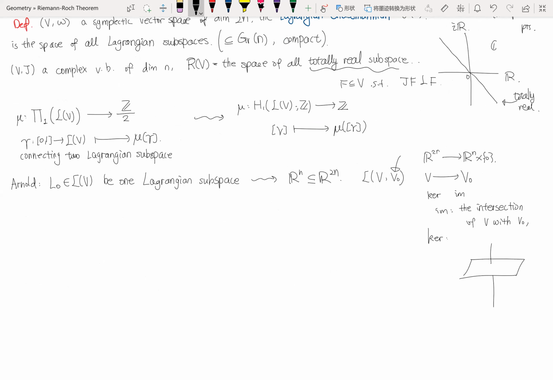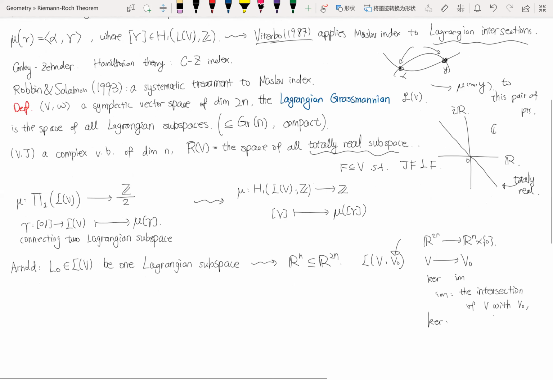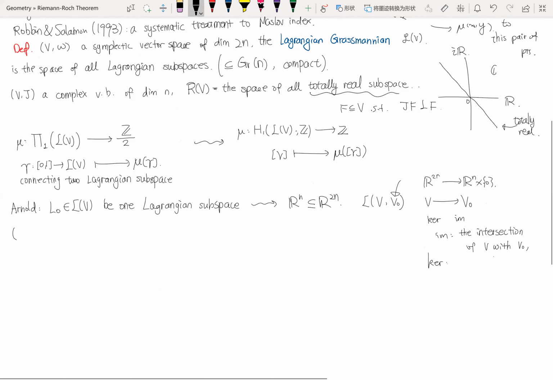If we pick a metric, since we have a symplectic vector space (V, omega), by linear algebra there is a J compatible with omega, so that V becomes a unitary space.